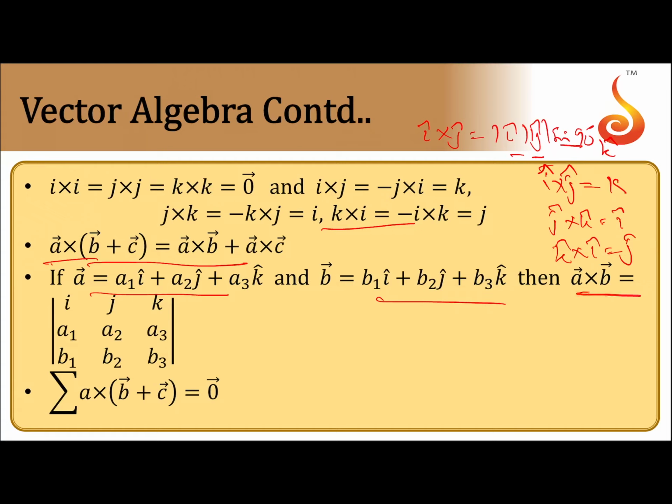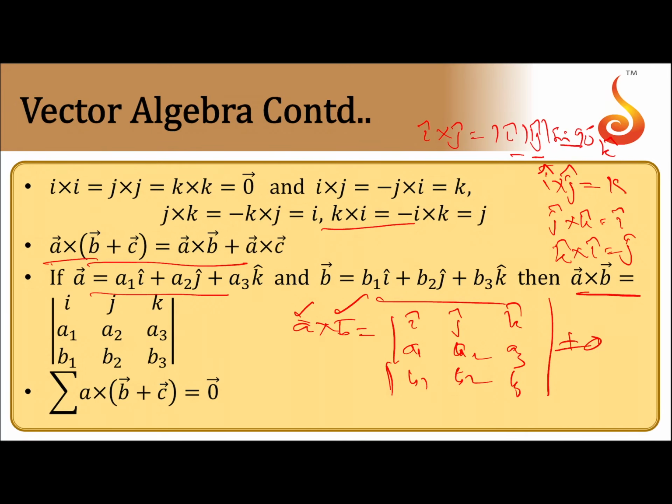A cross B is equal to the determinant with i cap, j cap, k cap in the first row, the elements of A, A1, A2, A3, in the second row, and the elements of B, B1, B2, B3, in the third row. And definitely this is not equal to 0 when they are not parallel to each other.